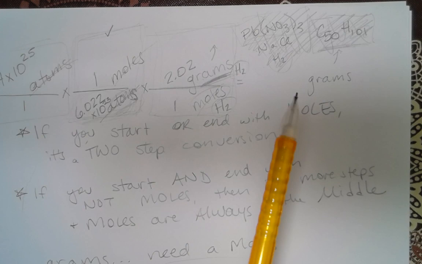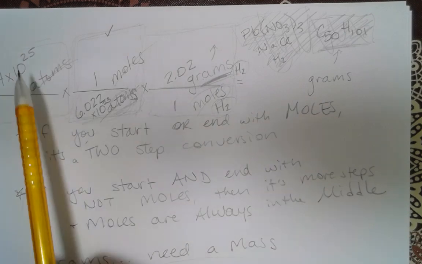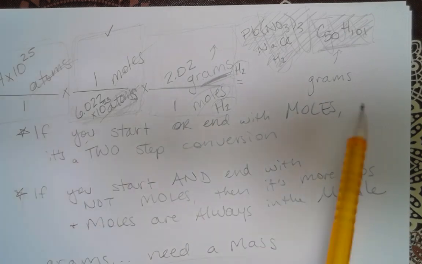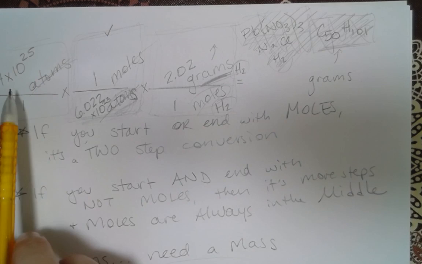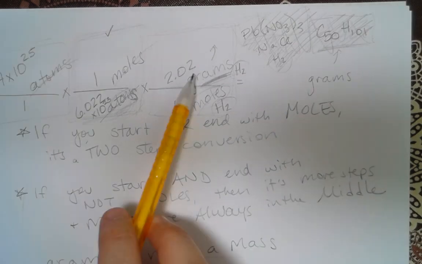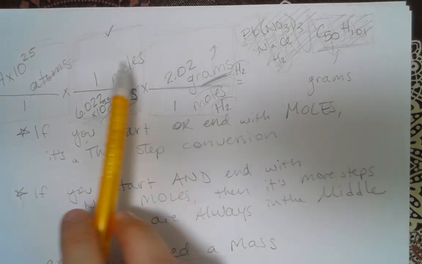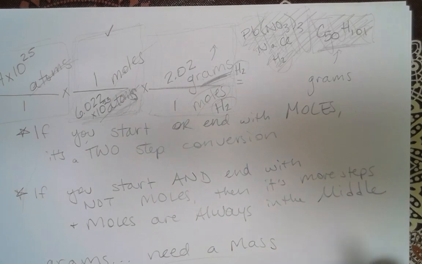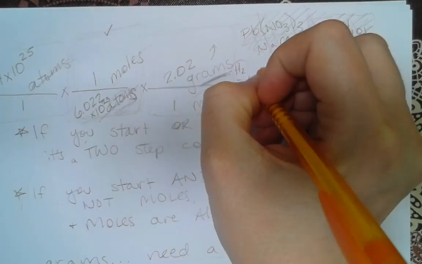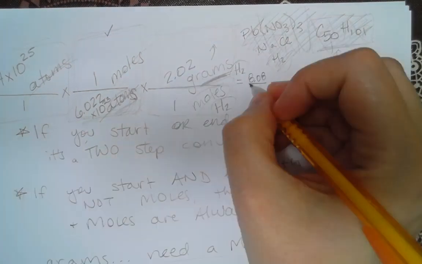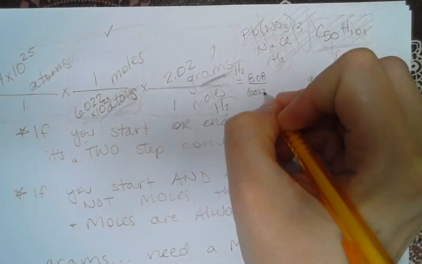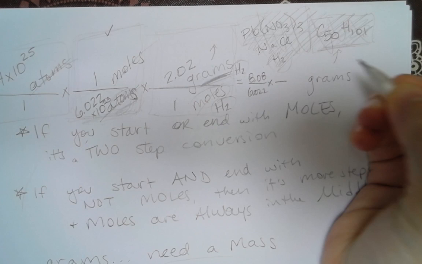So we got our units, we got our numbers, here's our math. Multiply all the things on the top, so 4 times 2.02, divided by the stuff on the bottom, and we'll take that scientific notation along also.